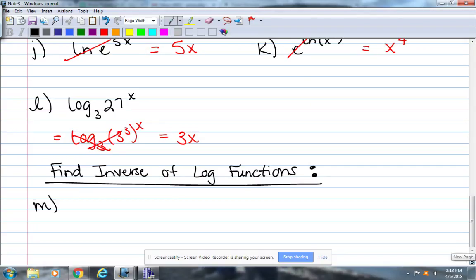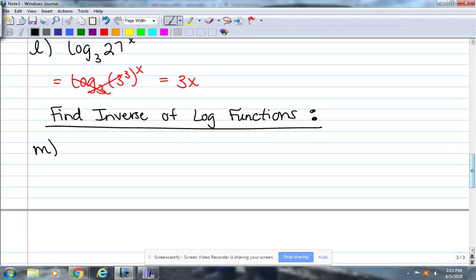I think I'm probably going to run out of room, so let me get some space here. So we want to take y equals 6 to the x power and find the inverse of that function. The first thing we want to do is swap our x and y. Anytime you want to find the inverse of a function, that's your first step.